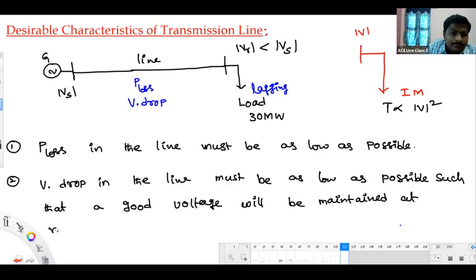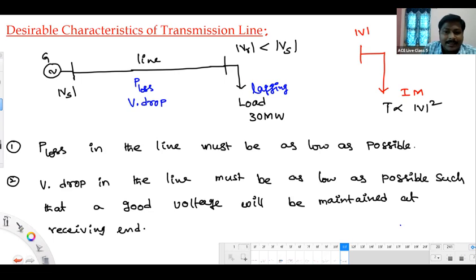At the receiving end. So these are the two desirable characteristics of the transmission line. Voltage drop is simply I into Z.